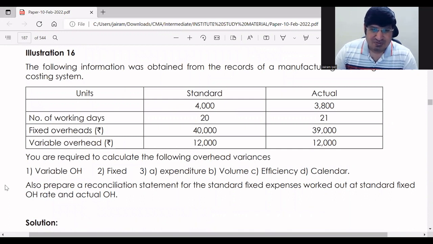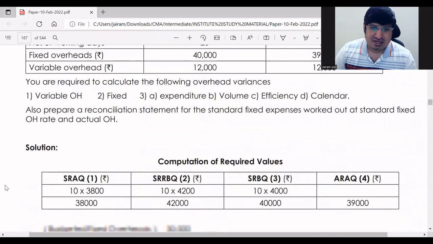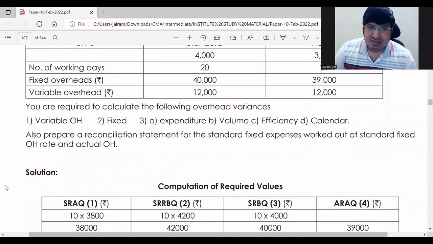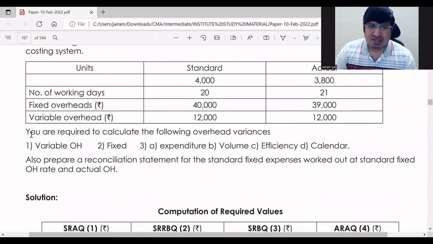So now, your standard rate, how will you find the standard rate? Problems which only have units and not hours like this are actually even more simple.